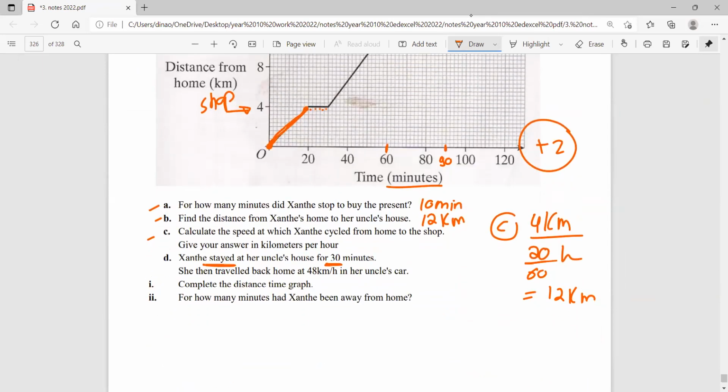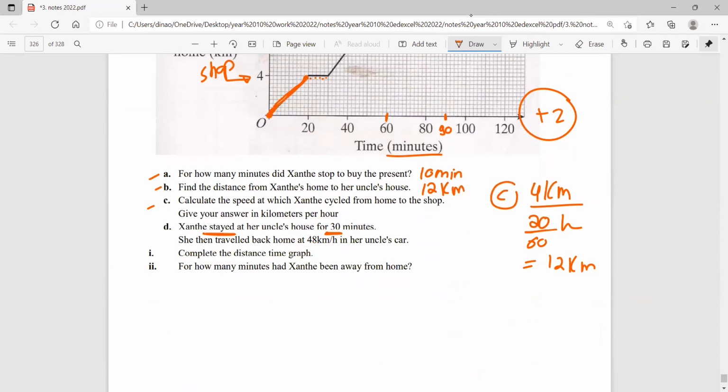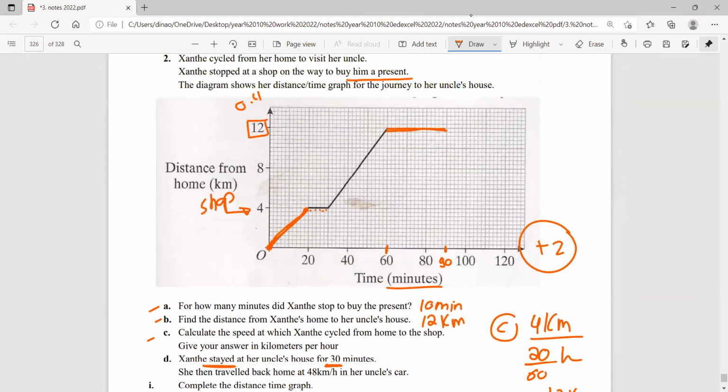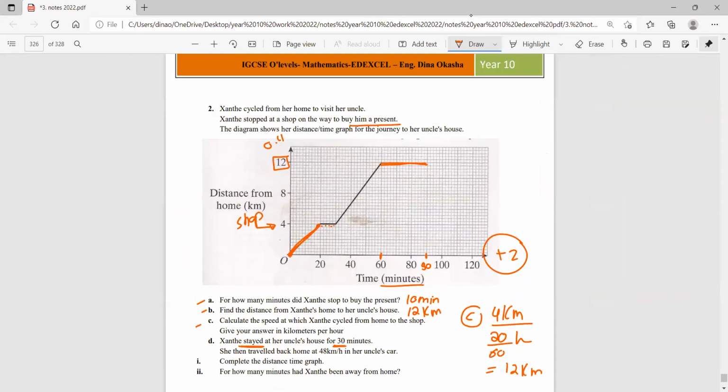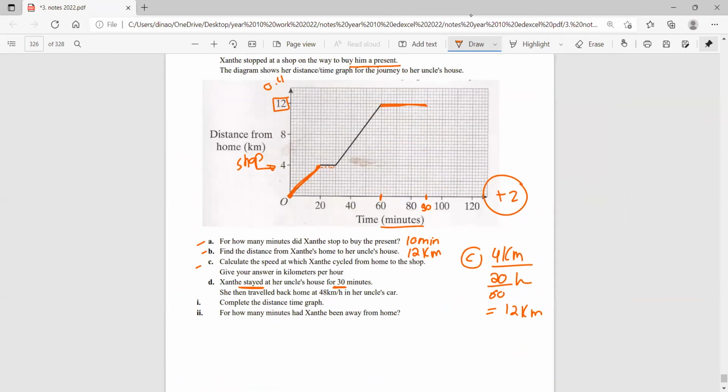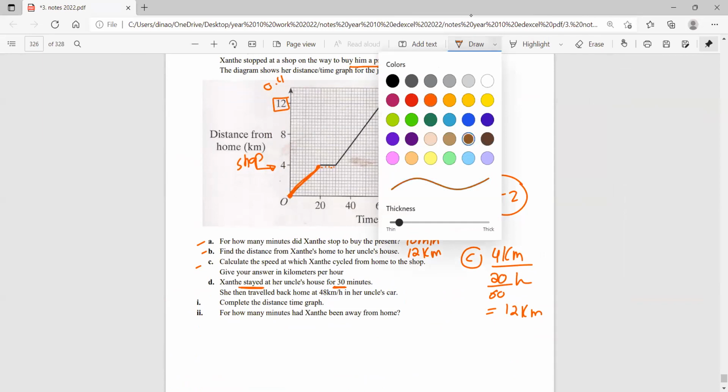Then she traveled back home at 48 kilometers per hour. Calculate, complete the distance time graph. So after she bought the gift and went to her uncle's and stayed half an hour, she went back home. We want to know how long the return trip took. We did this part in the previous question about the car.